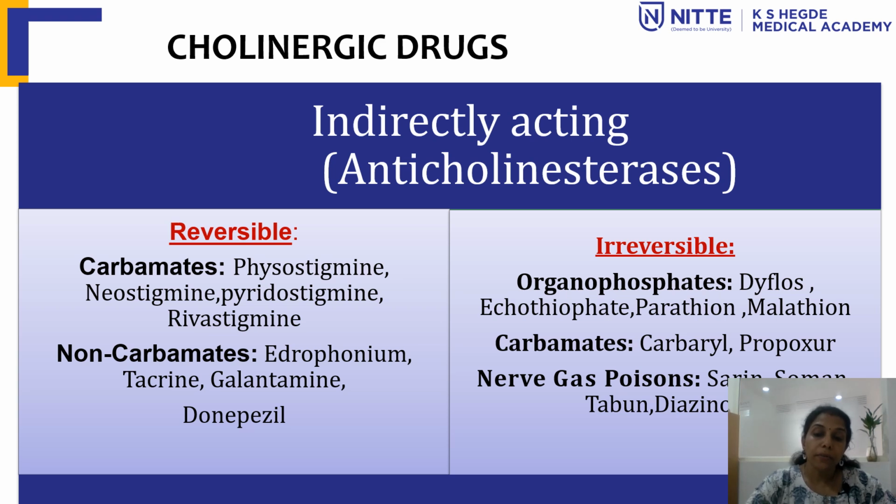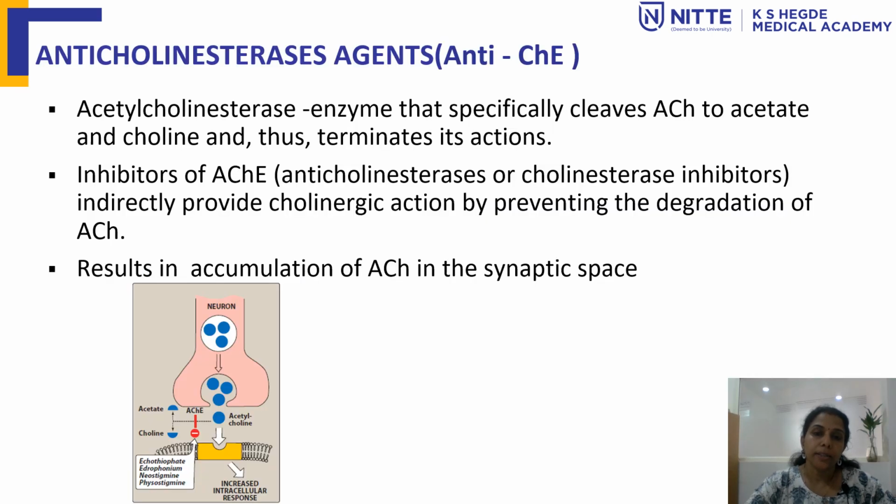We all know how acetylcholine gets hydrolyzed, isn't it? Acetylcholine is hydrolyzed by the acetylcholinesterase enzyme, which specifically cleaves acetylcholine to form acetate and choline, and thus terminates its action.